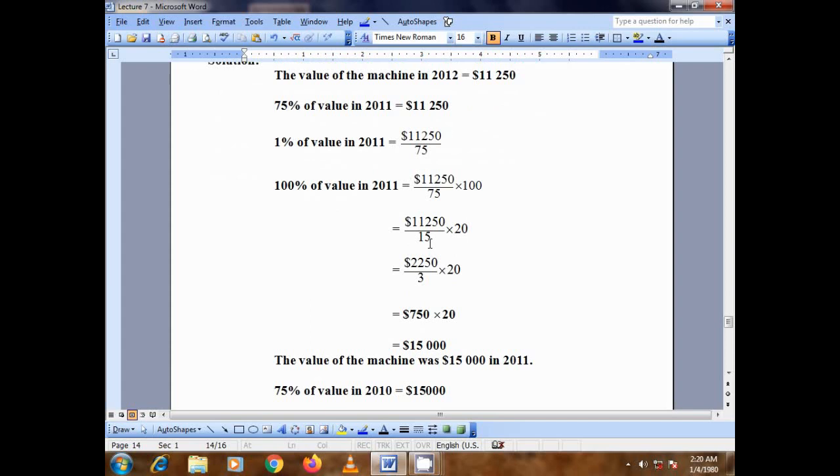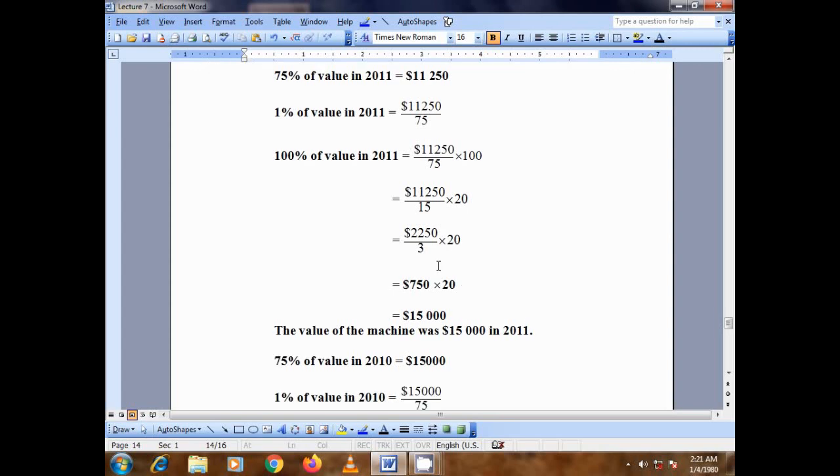Again, the numerator 11,250 and denominator 15 are both multiples of 3. Let's divide the numerator 11,250 by 5 and the denominator 15 by 5. Then we will have the quotient 2,250 over 3, multiplied by 20 as it is.